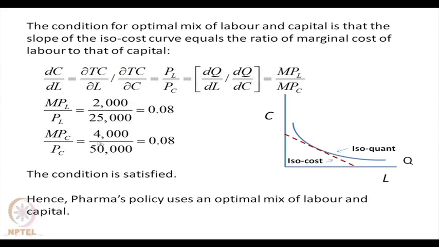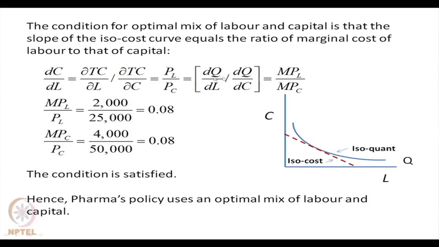So, 4,000 tests can be additionally performed if the new machine is leased, and the price paid for leasing the new machine is 50,000 rupees per month, and this ratio is also 0.08.